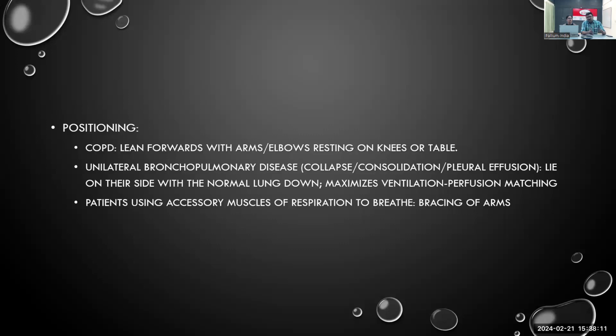It is a concept where there are three zones. I'm not going to get into detail. This ventilation perfusion ratio matching, if it is perfectly matched, allows for better efficiency of air exchange. So if you make the patient lie down on the normal side, that makes sure that whatever air exchange is going on in the lungs is more efficient.